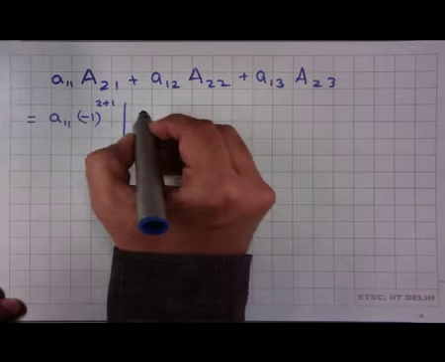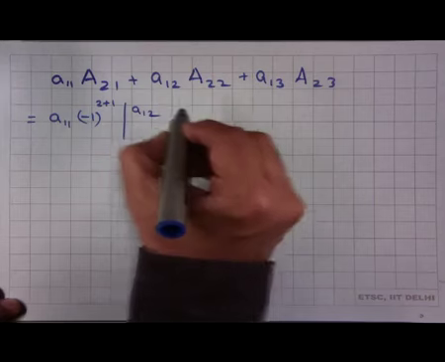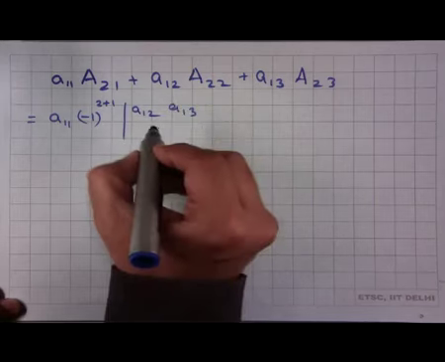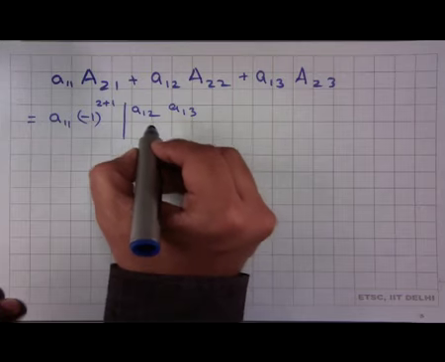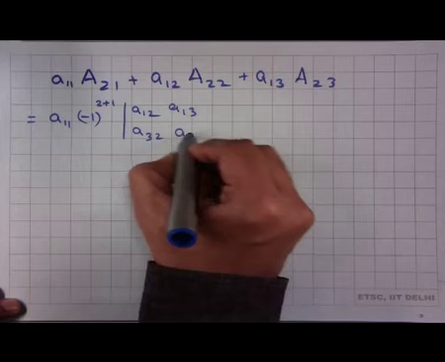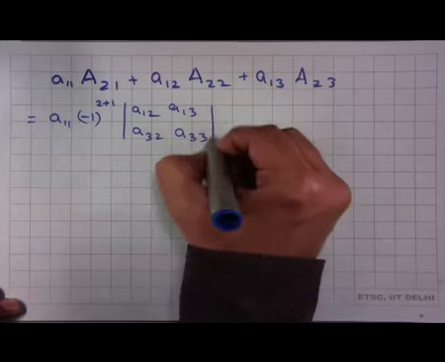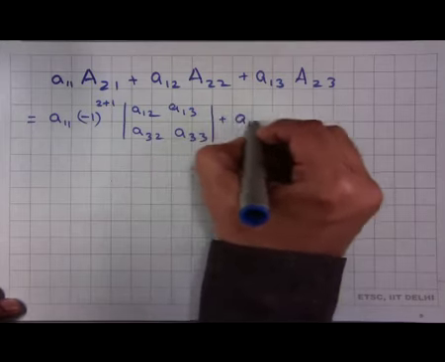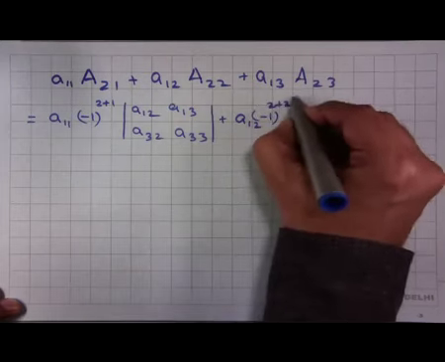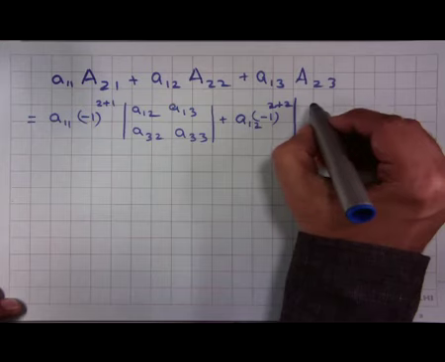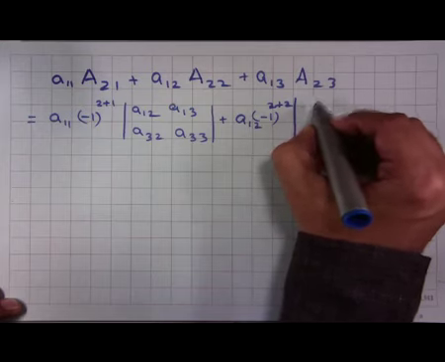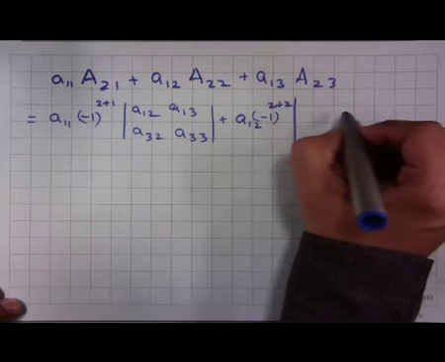So, this is a12, a13, a32, a33, okay, plus a12 times minus 1 power 2 plus 2 times the determinant of the matrix obtained by deleting the entire row and column of a22.